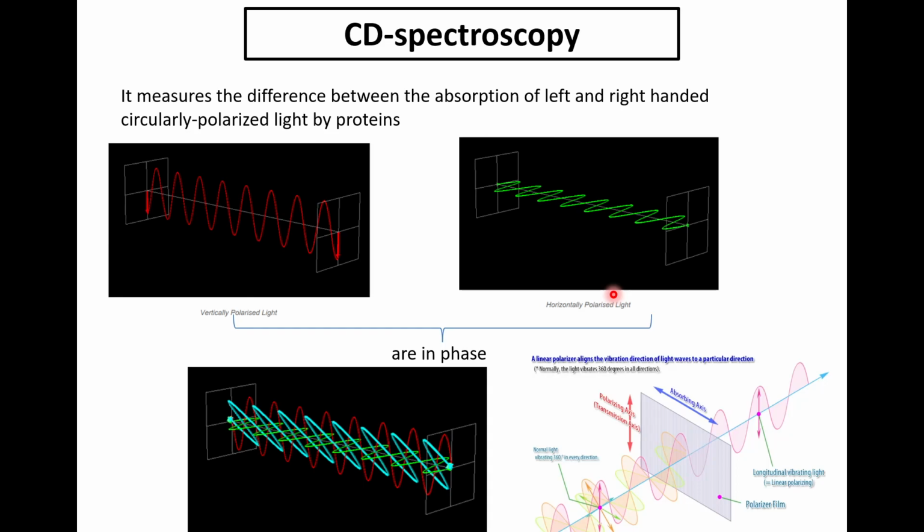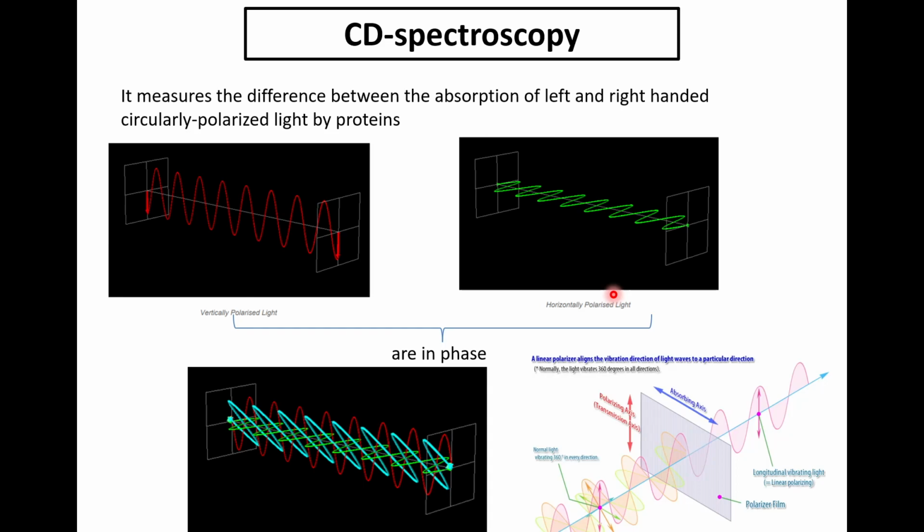Here, what is done is that the same wavelength of light has two different forms, meaning two different kinds of polarization: one is left-handed circularly polarized light, another one is right-handed circularly polarized light. And if you use both of them to interact with your matter, they will interact differently.